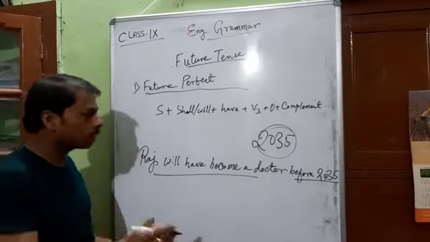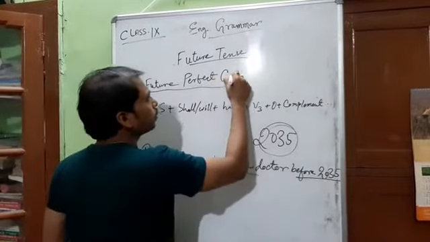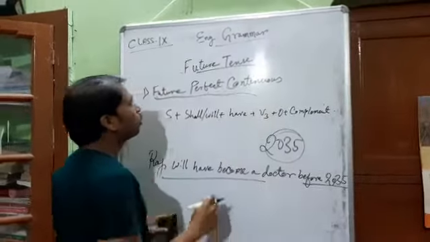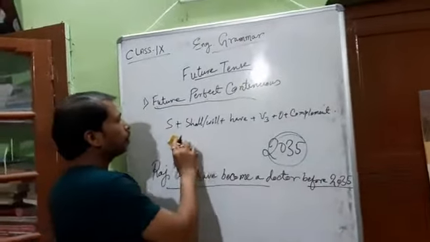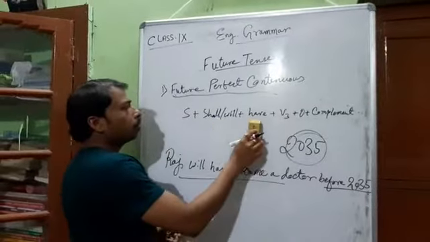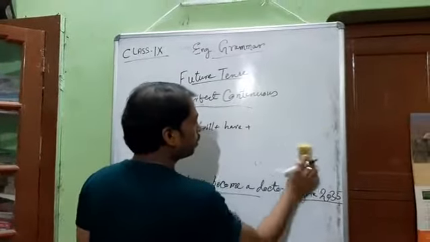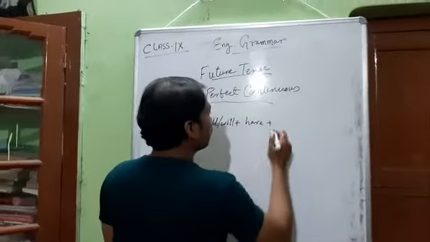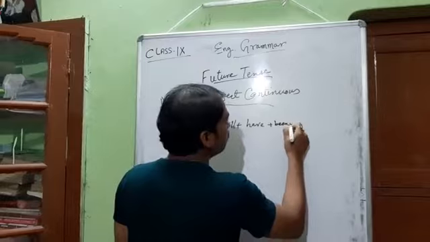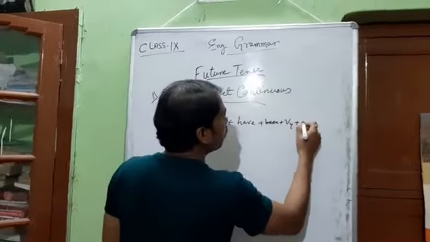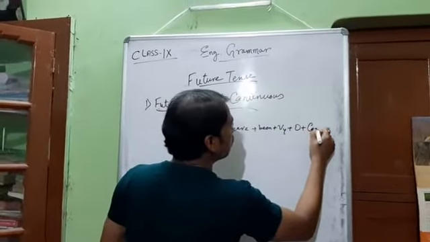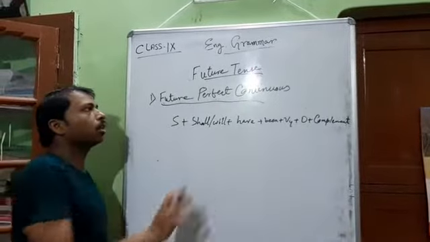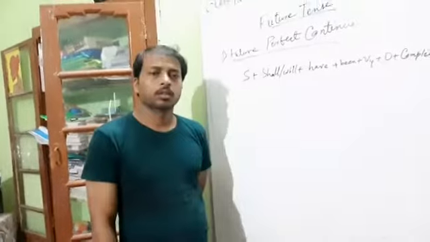perfect continuous tense. Similar kind of concept. Future perfect continuous tense. Here we have subject plus shall or will plus have plus been plus V4 plus object plus complement. This is the formation of future perfect continuous tense.